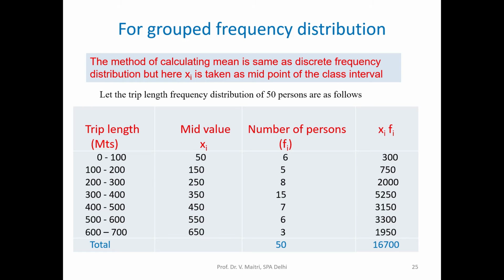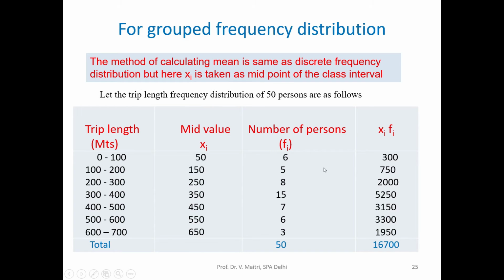The trip length frequency distribution of 50 persons is as follows. Trip length is given in meters. So first of all, calculate the mid value, and the number of persons is 50, so frequency is given.